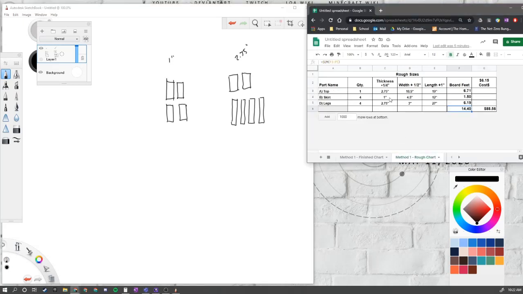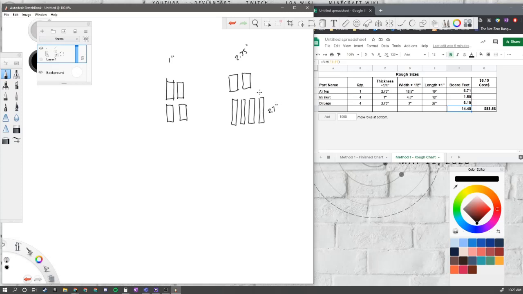The legs are 3 inches by 3 inches, we'll just say, by 27 inches long. So we know that that's 27 inches and that's 3 inches. And for the tabletop, we knew that that was 9 1/4 inches, 9.25 inches by 19.